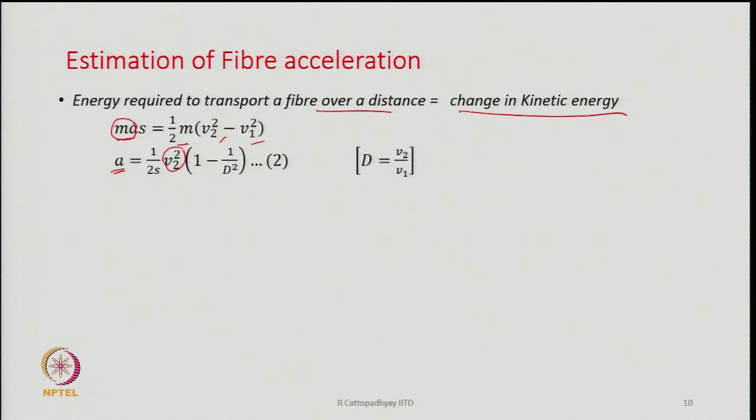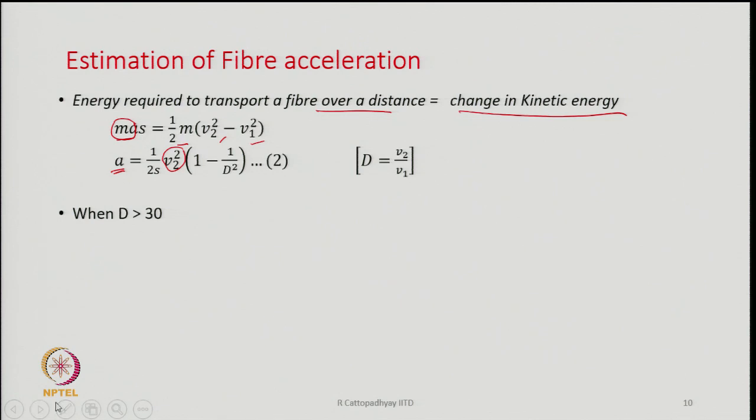By doing so, I can change the expression within the bracket, and we have now got the value of the draft D, where D is the ratio of V2 by V1.